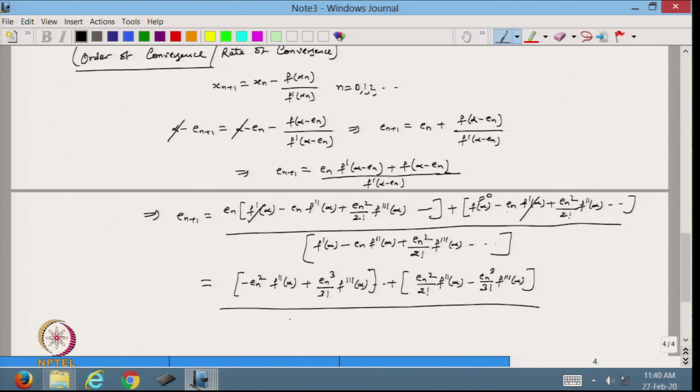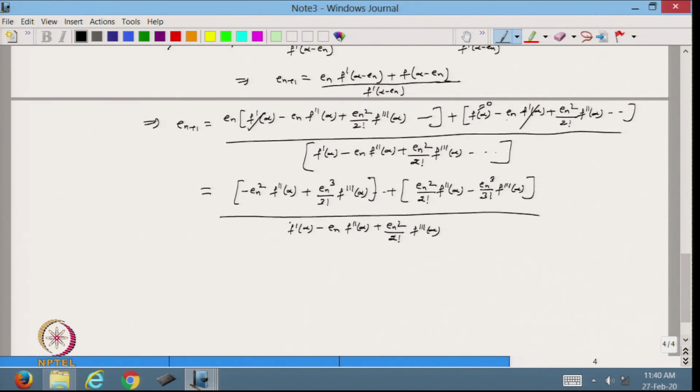So, in this case also I can ignore the higher power of this. So, I will keep only f dash alpha minus En f double dash alpha plus En square by 2 factorial f triple dash alpha, and I can ignore all the terms. So, from here I will get, so this is alpha.